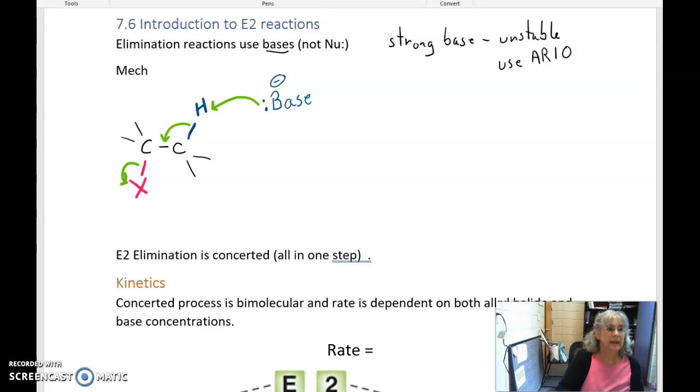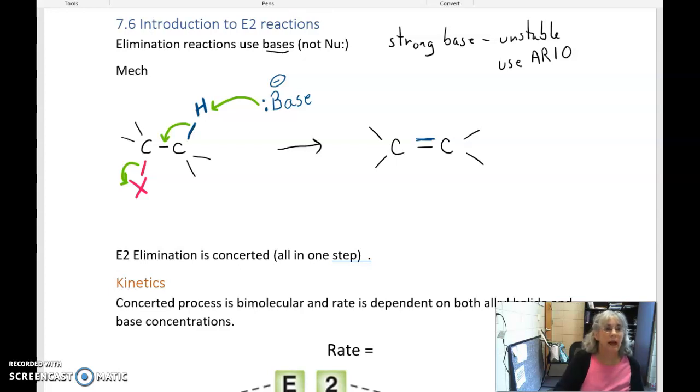And so what we'll get will be a carbon bound to a carbon. That was the structure that we had to start with. The pi bond is going to be made of these blue electrons that were here. They've just shifted here.